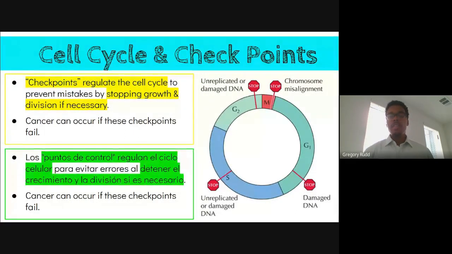So these checkpoints are there to say, hey, at this point in your life, you should be doing this. At this point, you should be producing this protein. At this point, you should reproduce. And at this point, you should die. If those checkpoints are there or not there, we can end up with cancer or other harmful conditions.